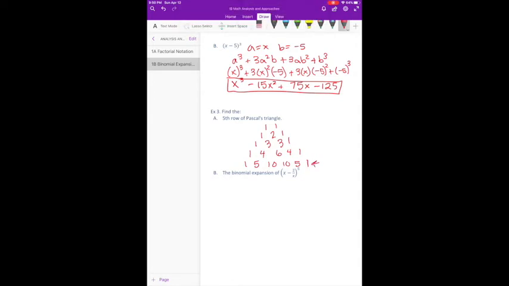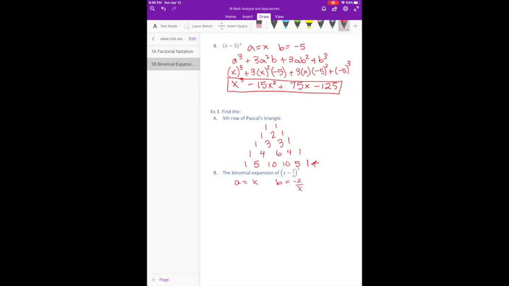All right, binomial expansion of x minus 2 over x to the fifth. Okay, so this is going to be a is going to equal x, and b is going to equal negative 2 over x.